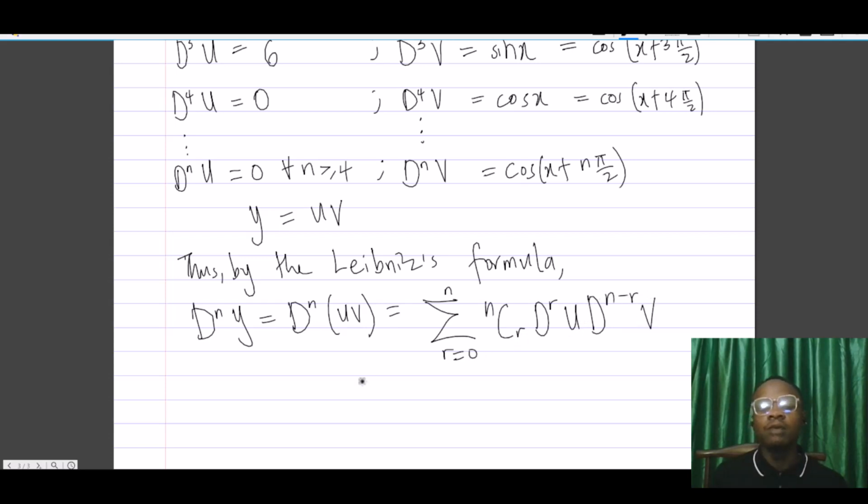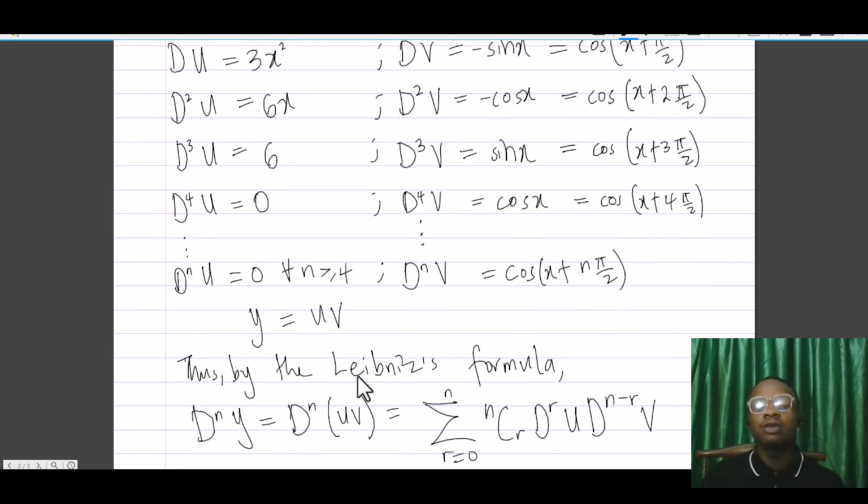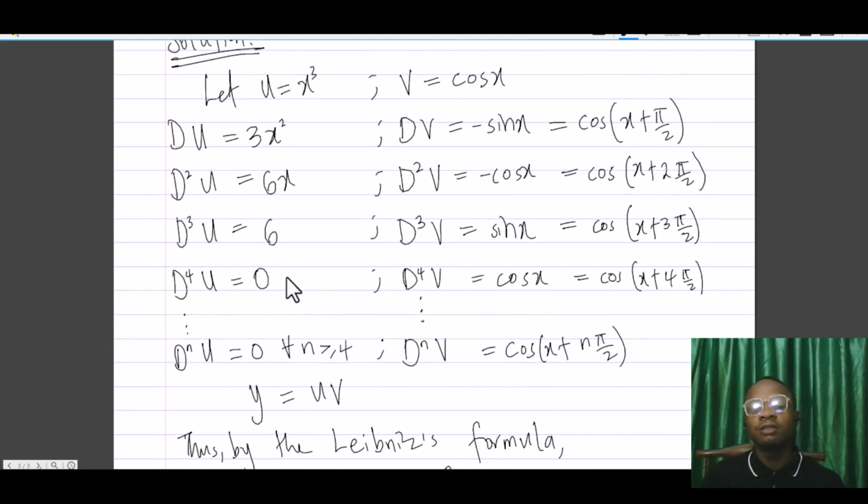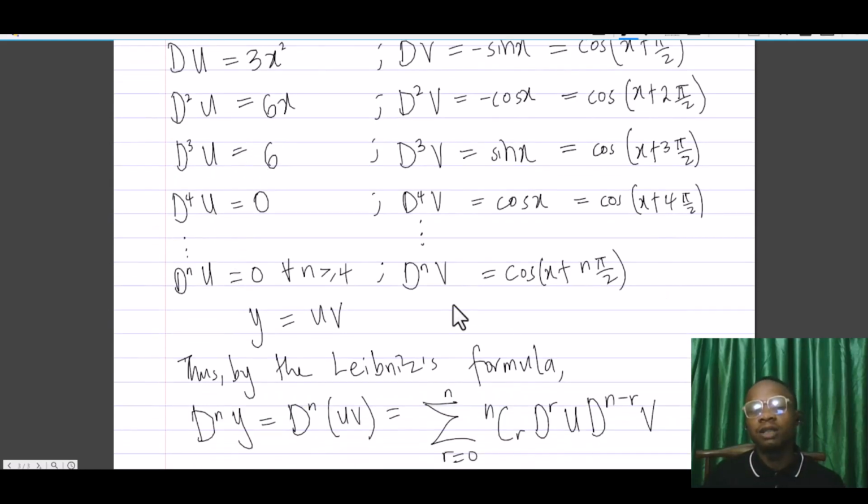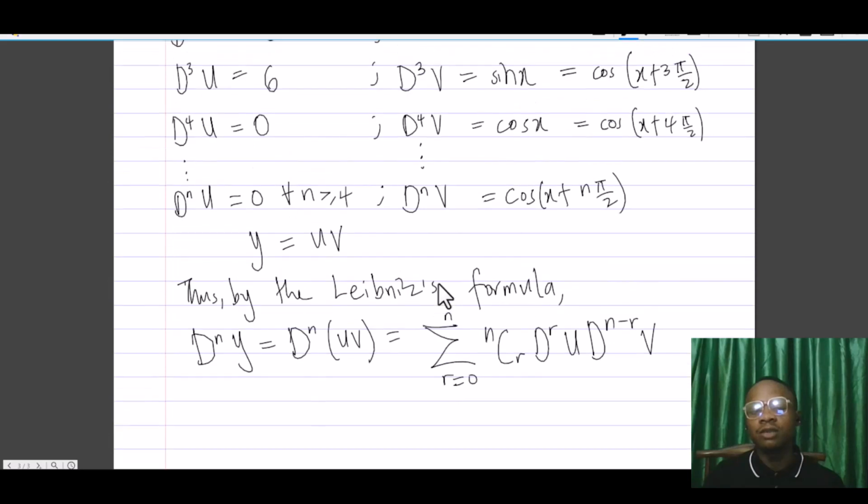All right, so we can now expand this out. We know that it is from the fourth term that it becomes 0, so we should expand as far as the fourth term, then we can leave the rest because they will vanish to 0.